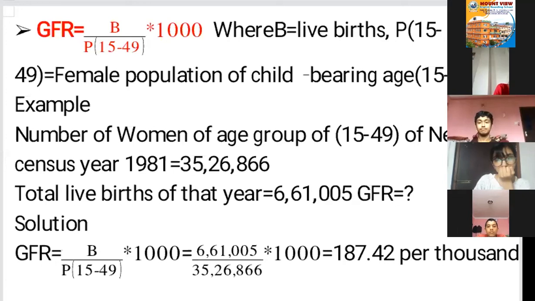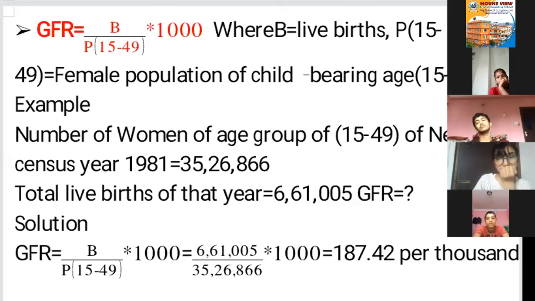61,005. Now GFR. My dear students, we have to insert the data into the formula to calculate GFR. As we all know, at the top of this page there is also a formula of GFR. Once again, in the solution the formula is B by P 15 to 49, the childbearing age of women 15 to 49, multiplied by 1000. Now B, what is the total number of births? You can see here total number of births equals 6,61,005.